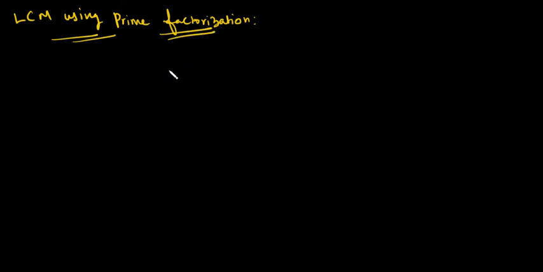Suppose you have two numbers, let's take 25 and 40. You have to find the LCM of these two numbers using prime factorization. So what you do here, you find the prime factorization of 25 and 40.